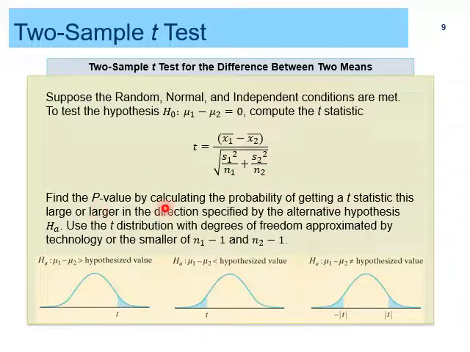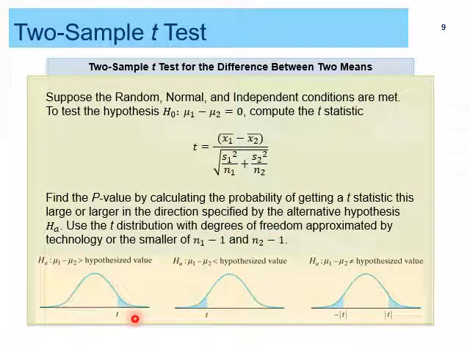Find the p-value by calculating the probability of getting a t statistic this large or larger in the direction specified by the alternate hypothesis, and use a t distribution with degrees of freedom approximated by technology or the smaller of n1 minus 1 and n2 minus 1. So it's saying to take whichever is the smaller degrees of freedom. If n1 is 20 and n2 is 15, we take the smaller one.